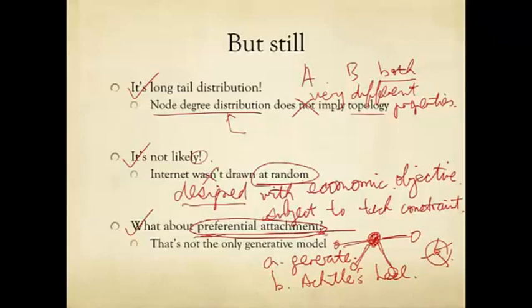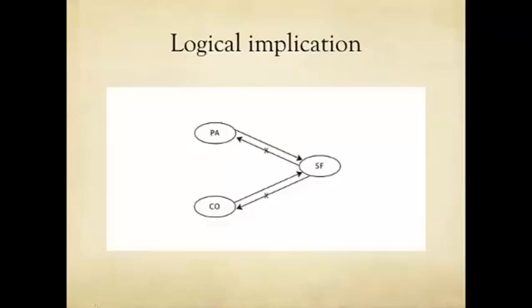So you may wonder, gee, preferential attachment generates scale-free and leads to Achilles heel, so shouldn't scale-free networks have Achilles heel? Not quite. That's actually a logically incorrect statement, because it's not the only generative model. There are also other generative models that can also generate what we observe in node degree distribution and yet do not lead to Achilles heel, such as what's called the constraint optimization model. We'll visit that in the next module of the video.